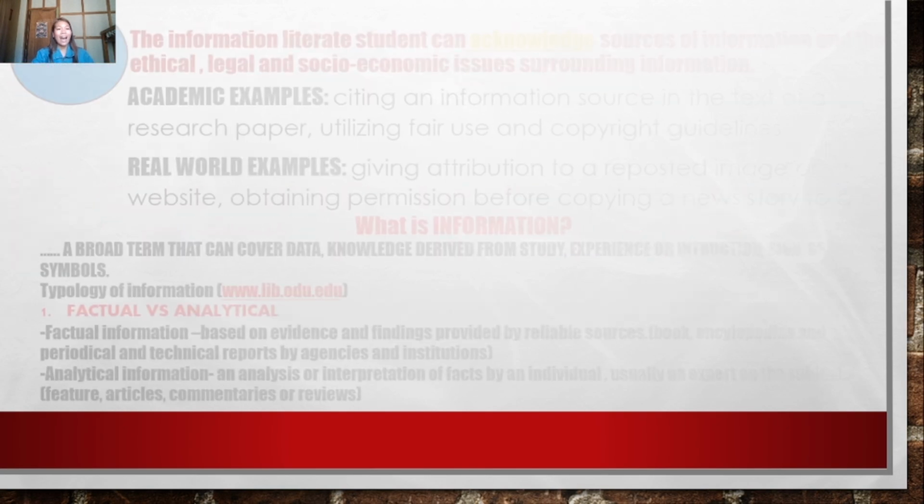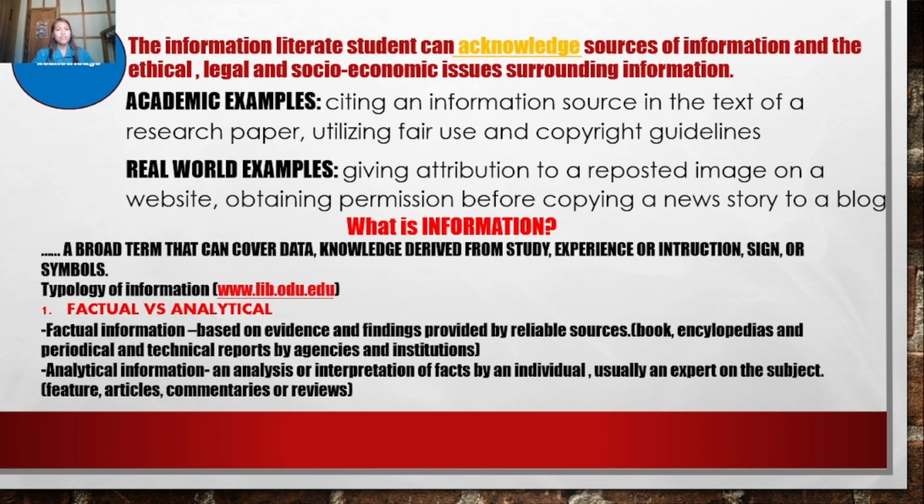We have here the last, acknowledge. The information literate student can acknowledge sources of information and the ethical, legal, and socio-economic issues surrounding information. Here are our academic examples. First, citing an information source in the text of a research paper.